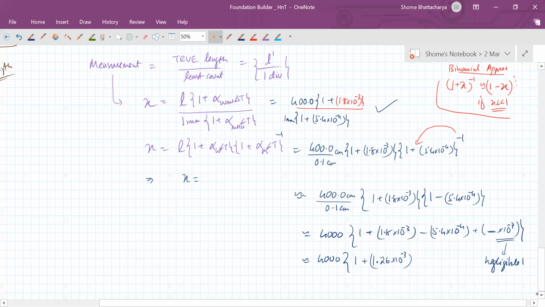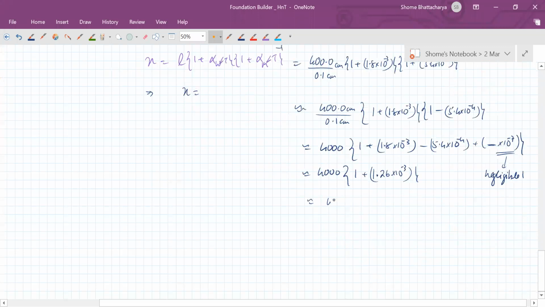And then we can do this calculation. So this is 4000 plus, okay, so this is the measurement that comes.